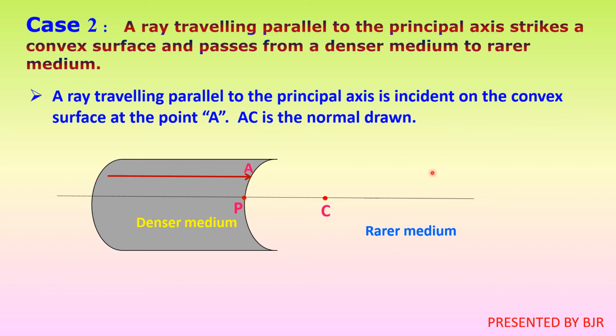Okay, so here, in order to know the direction of the refracted ray, what we have to do? We have to draw the normal immediately. See here, where we have to draw the normal? We have to draw the normal at the point of incidence A here. So just you join A and C like this.